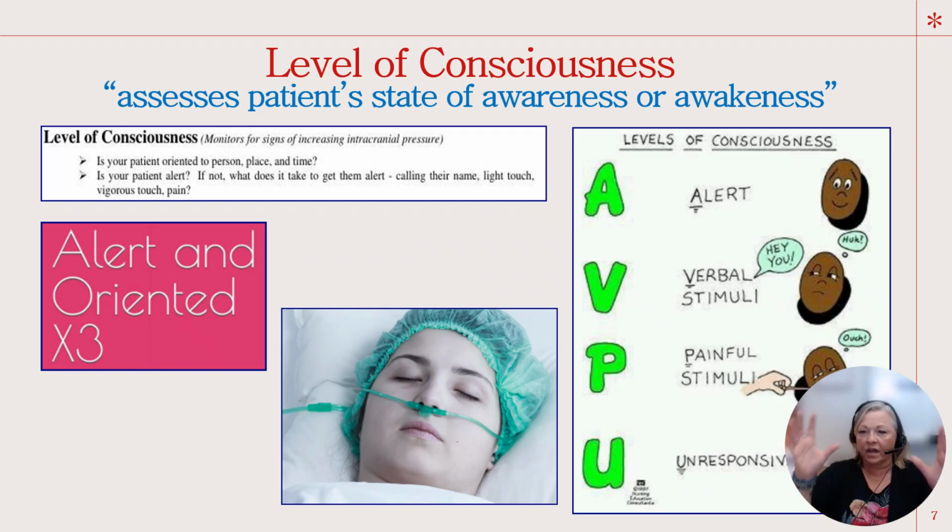We will be covering all of those findings by doing these tools, which is what these are, tools that we use. So what is a level of consciousness mostly monitoring for? Intracranial pressure, mostly, due to very, very many things.